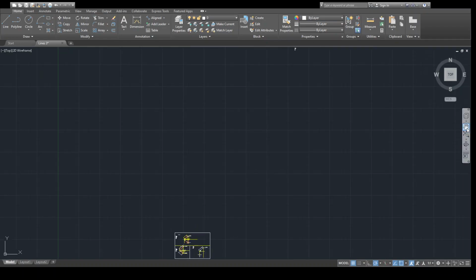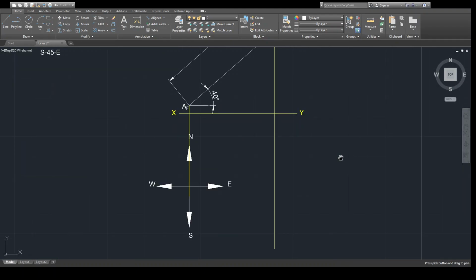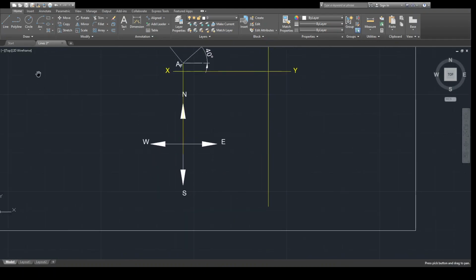S45E means from this particular point, from S to E, I will draw a 45 degree line. It doesn't matter how long, the angle is 45. Up to where, we don't know, so we need to extend the line because we don't have a locus here.